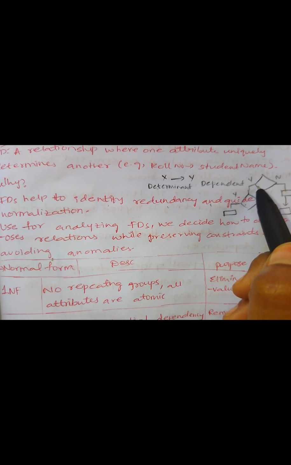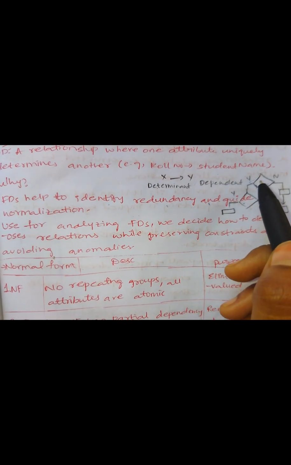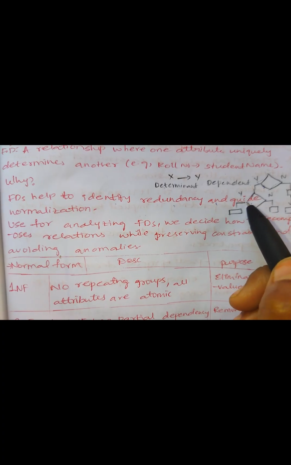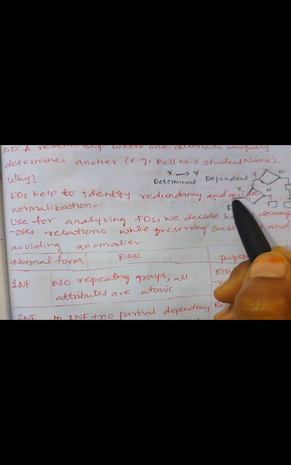Why are they introduced? To help identify redundancy and inconsistency, and they guide us to normalization. If a condition is satisfied, then it goes to the next statement, and if yes, it returns the statement.